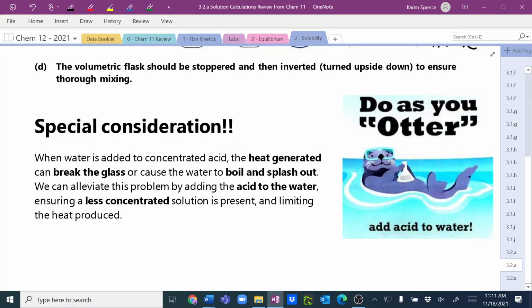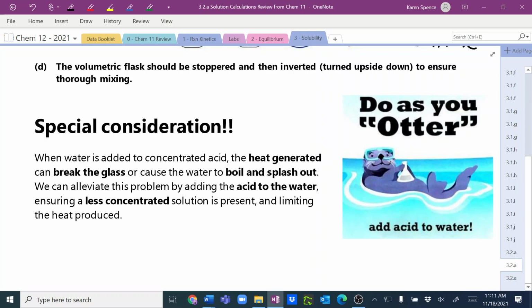That means at no point is the acid going to be super concentrated, because it's continually being diluted by that large volume of water that you already have. Yes? Also, water has a really big heat capacity, which means it can absorb a lot of heat without raising too much in temperature. So that also helps alleviate that effect.